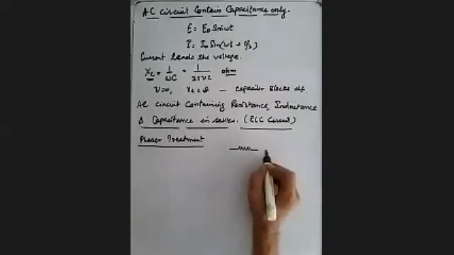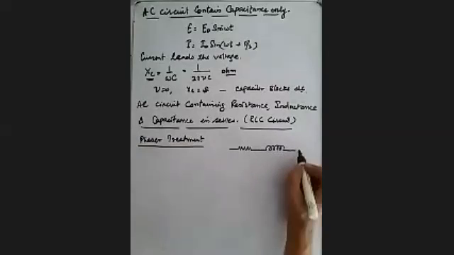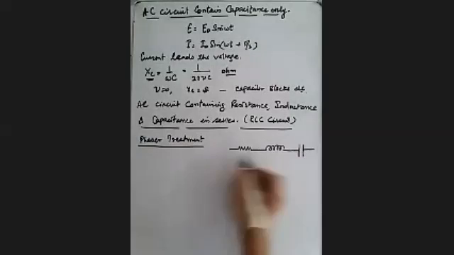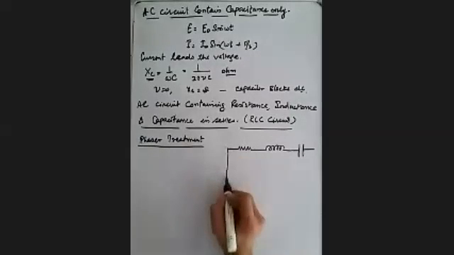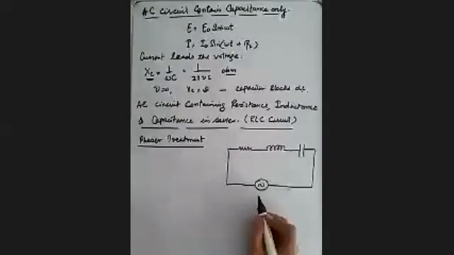So the circuit can be like this: resistance, a coil, and capacitance, inductance and capacitance connected across a source of alternating EMF. All three are connected in series.